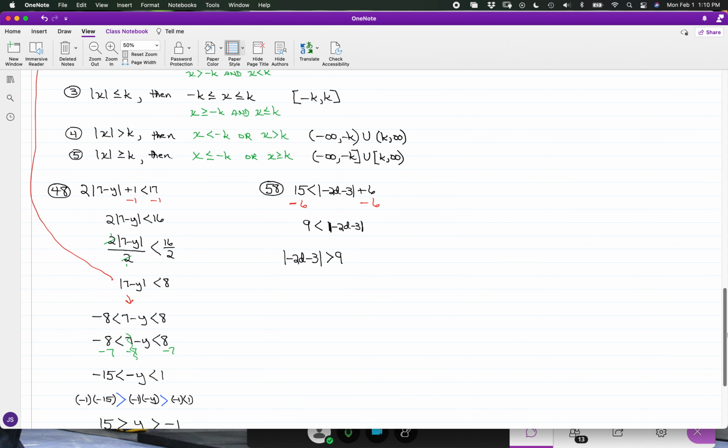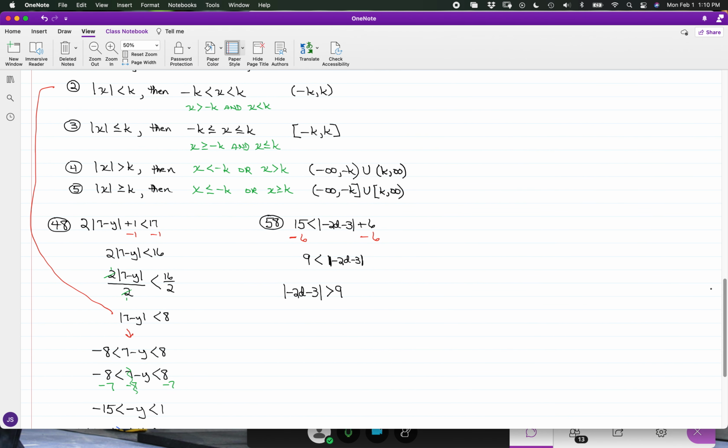With this statement, out of the general inequality scenarios, this one is going to run analogous to case number 4, where we have the absolute value of x represented by negative 2d minus 3, greater than k represented by 9.